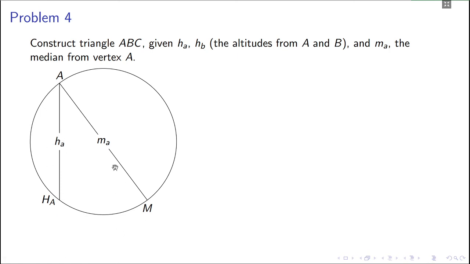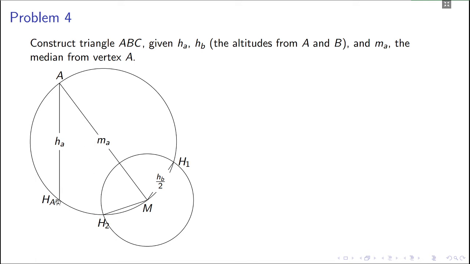After that, from this point M, you draw a circle of radius HB by 2. It will cut this circle at 2 points, and that will give you 2 triangles actually.